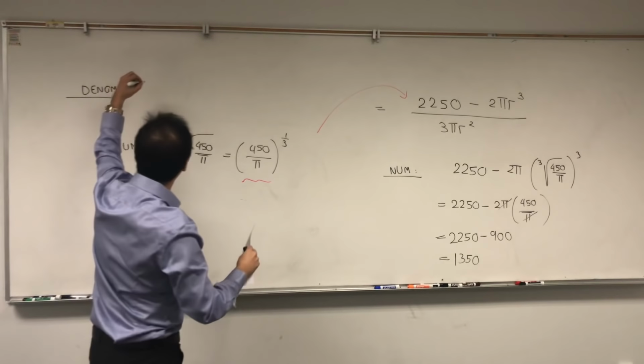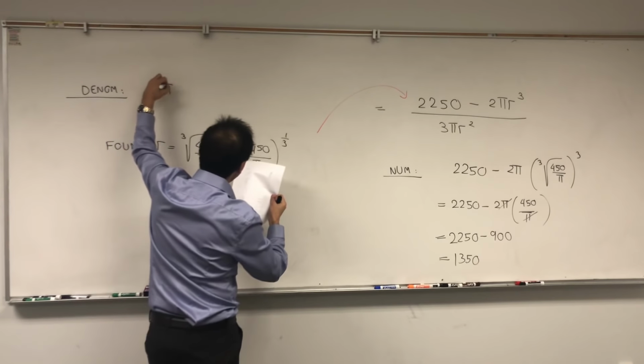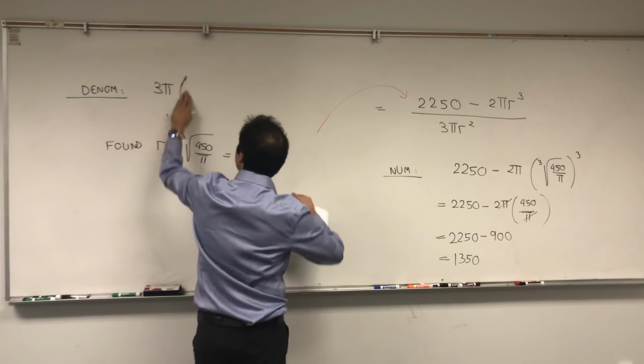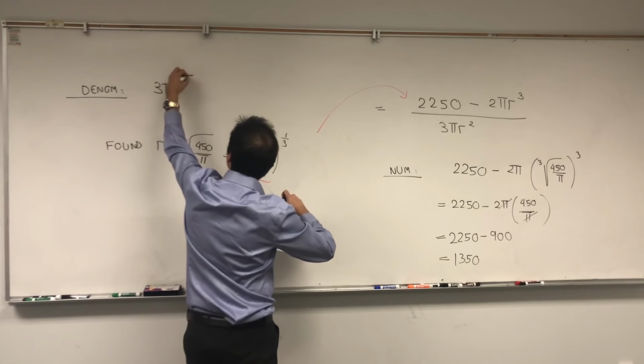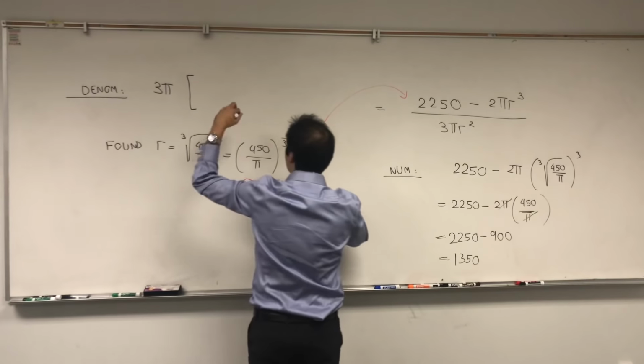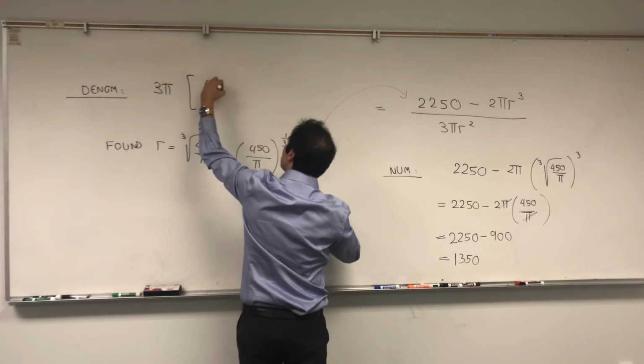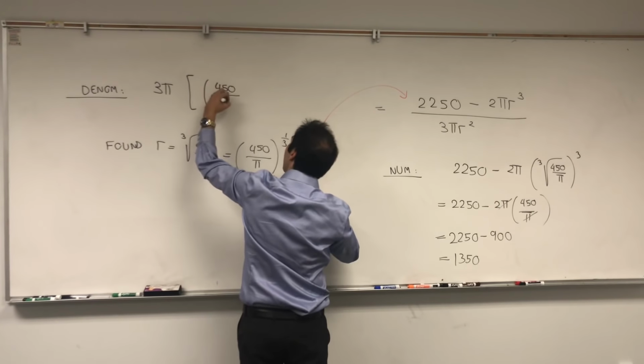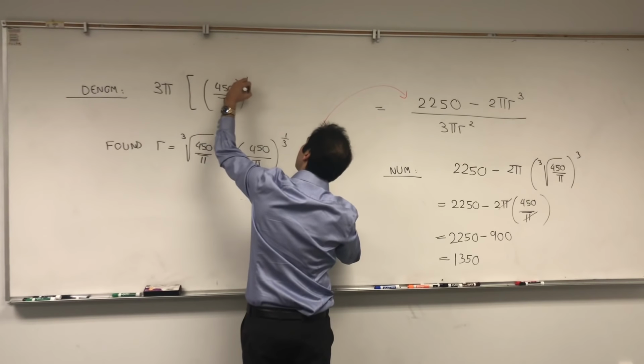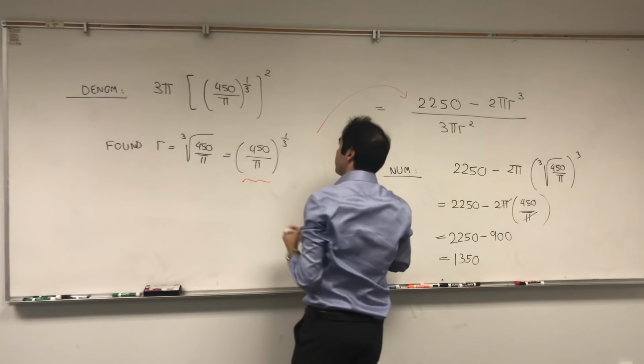So 3 pi r squared, which is 3 pi times this thing squared. And that's why I wrote this in terms of powers. So 450 over pi to the 1/3, squared.